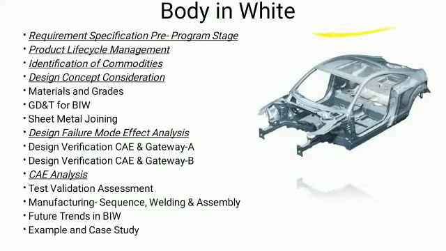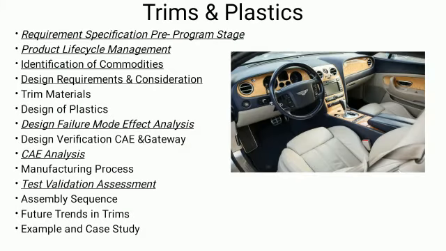The next one is plastic trims, or trim and plastics. The image shown here is simply the inside of a car, which is called the dashboard. If you want, you can modify it: which material can be used here, what the different trim materials are, what the different manufacturing processes are, and what the different assembly sequences are.